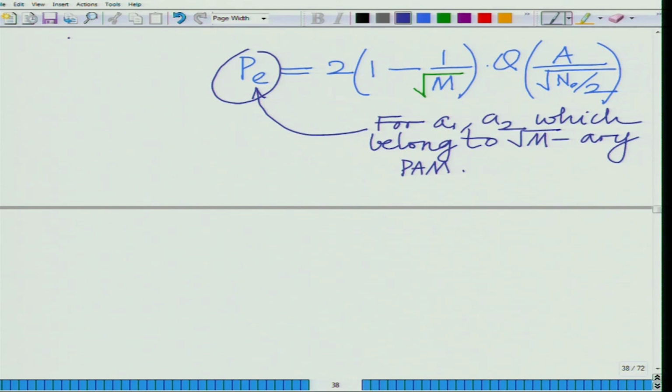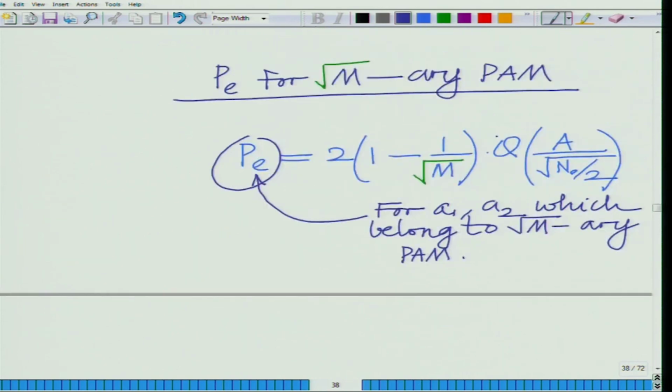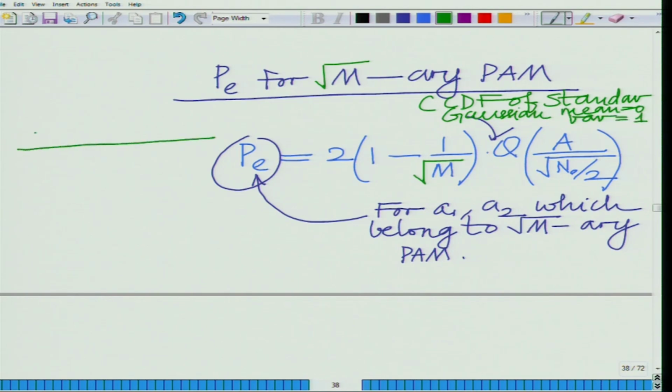So, P equals twice 1 minus 1 over square root of M, Q of A divided by square root of N0 by 2, and Q is the Gaussian. I do not need to keep repeating this again. Q is the CCDF, complementary cumulative distribution function of the standard Gaussian random variable. Standard Gaussian, that is mean equal to 0, variance equal to unity, that is the tail probability of the standard Gaussian. Okay.